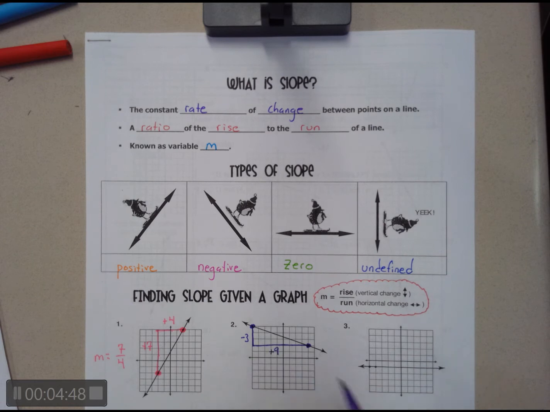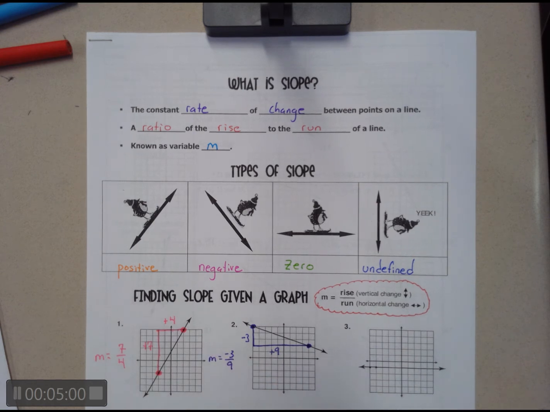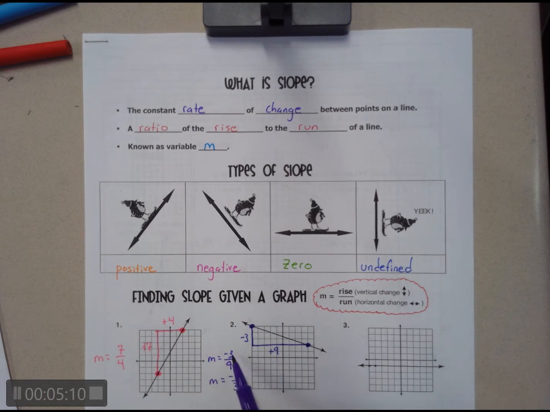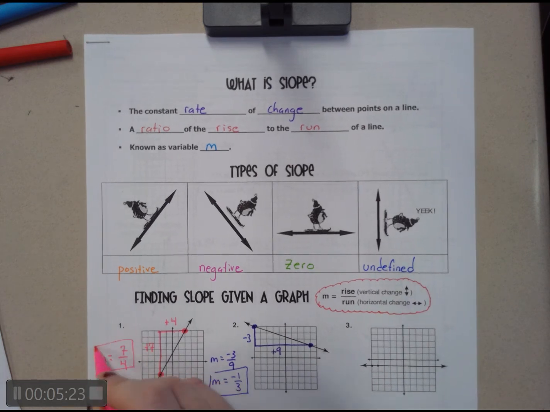And that was a positive 9 because going to the right is positive and left is negative. And remember, it's rise over run, so it's going to be negative 3 over 9. And I do need to simplify my fraction. So it's going to be -1/3 because you just divide the top by 3 and the bottom by 3 to simplify it. Okay? And then that's going to be my answer. And I will box the other one as well. Make sure we know what our answers are.